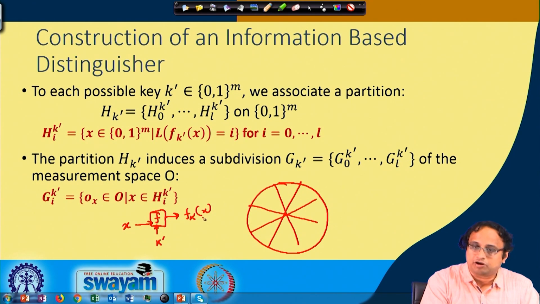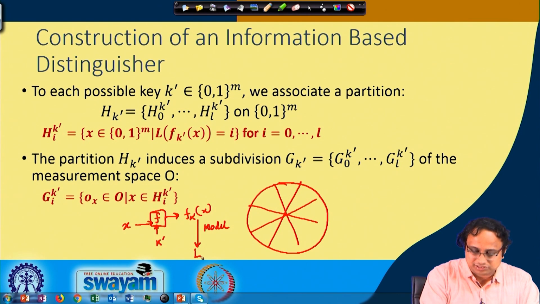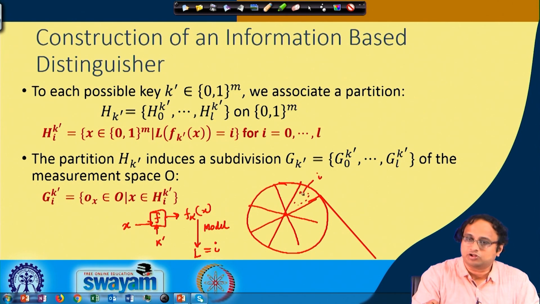Now, I apply a power model. This power model, which could be the Hamming weight power model for example, gives me an estimate of its leakage. This leakage is, suppose, some value I. So, now in one partition, suppose there is a partition for I, I put in all those x values which fall into that partition.